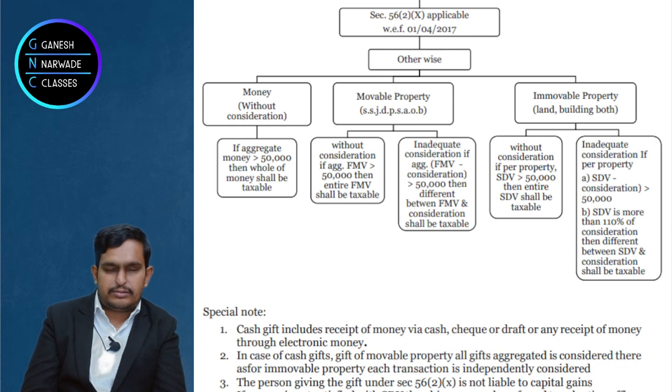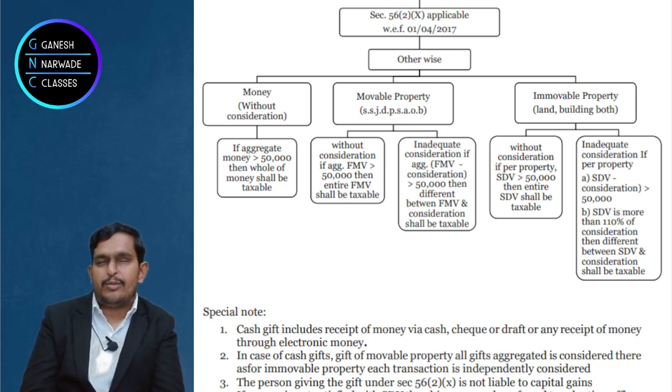Suppose, for example, you got certain immovable property for consideration, and take sale consideration plus 10%. Like, sale consideration here was 3 lakhs, plus 10%, which is 30,000, so 3 lakhs 30,000.